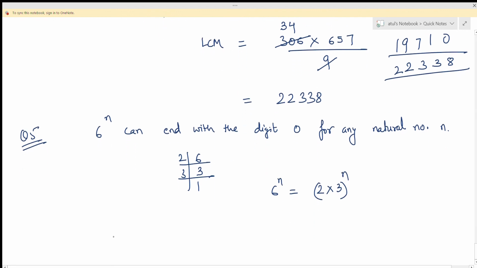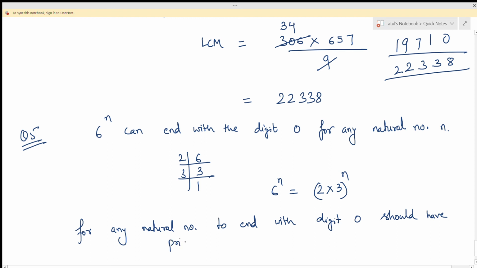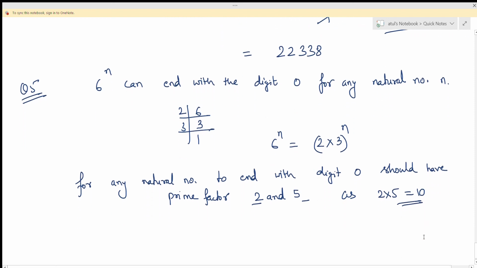For any natural number to end with digit 0, it should have prime factors 2 and 5, because you know that 2 into 5 is 10. So then only you can have 0 in the ones place.